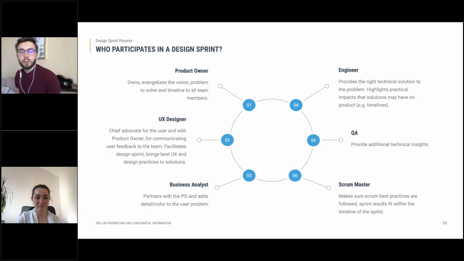So each participant would actually have a different kind of customer in mind. And if we're talking about the end user, that would be the designer, right? The participant that advocates and will take decisions based on how the user will feel, what they actually need, and so on.